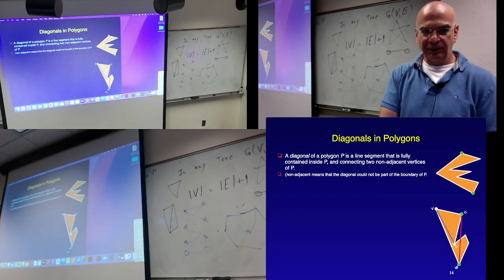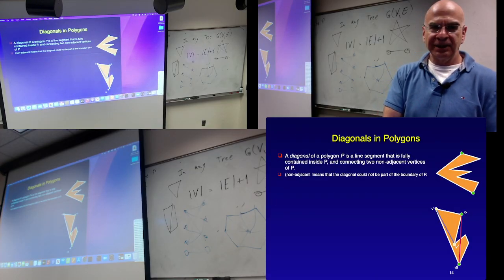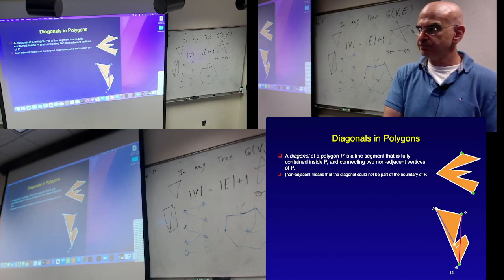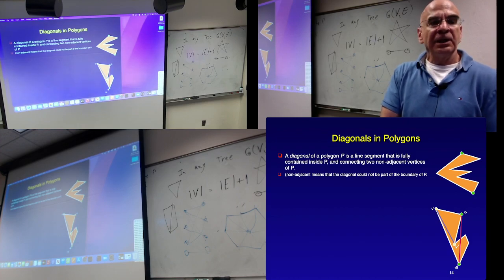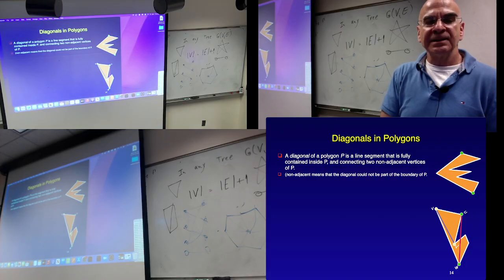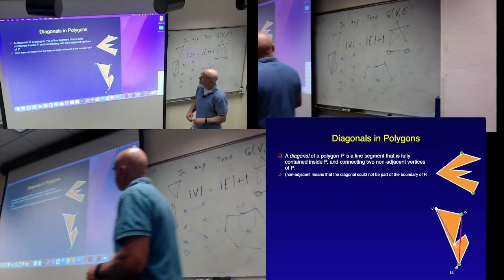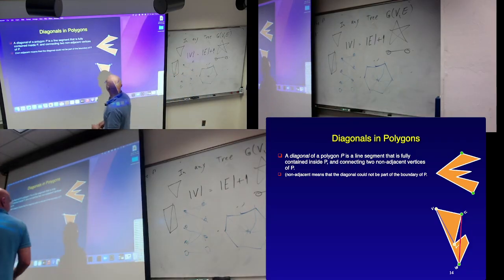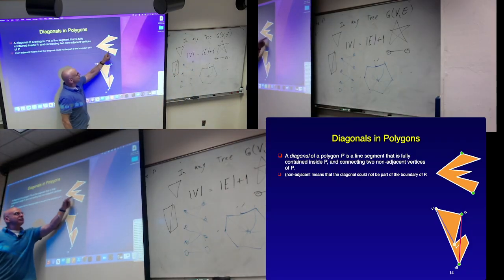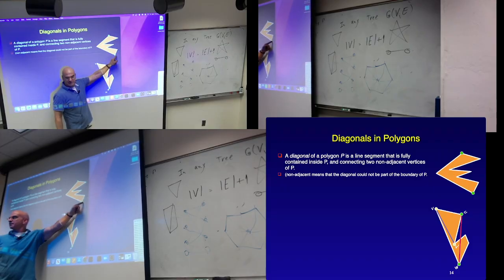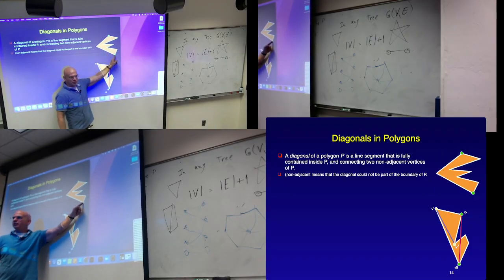So to prove it in general, I want to speak about diagonals in the polygon. A diagonal in the polygon P is a line segment that starts at a vertex and ends at a vertex. It doesn't connect two neighbors that are adjacent to each other. So an edge of the polygon I don't call a diagonal.